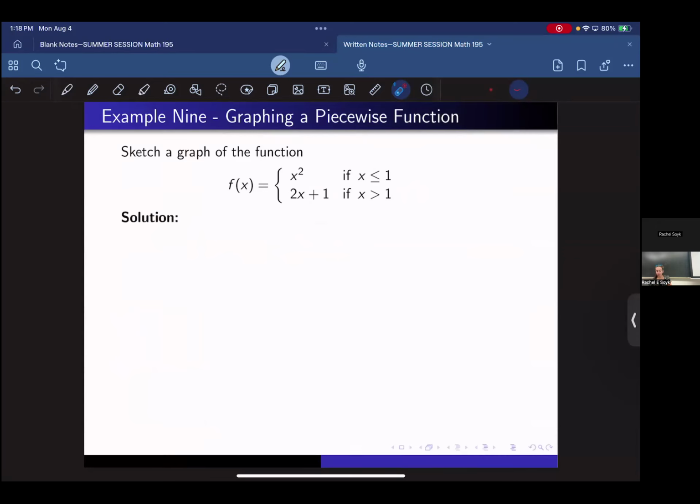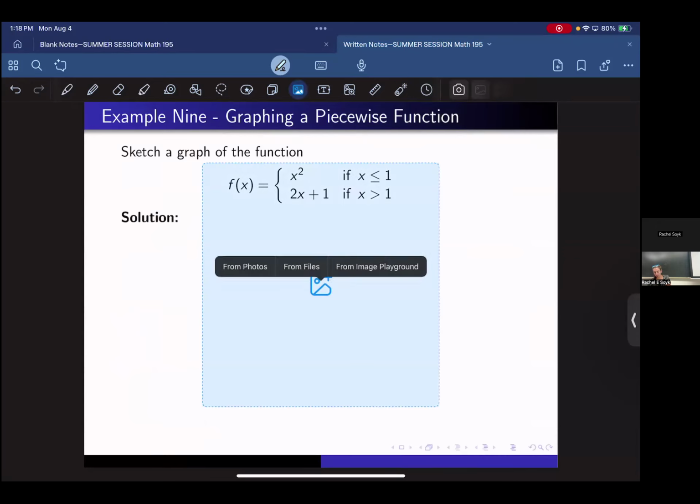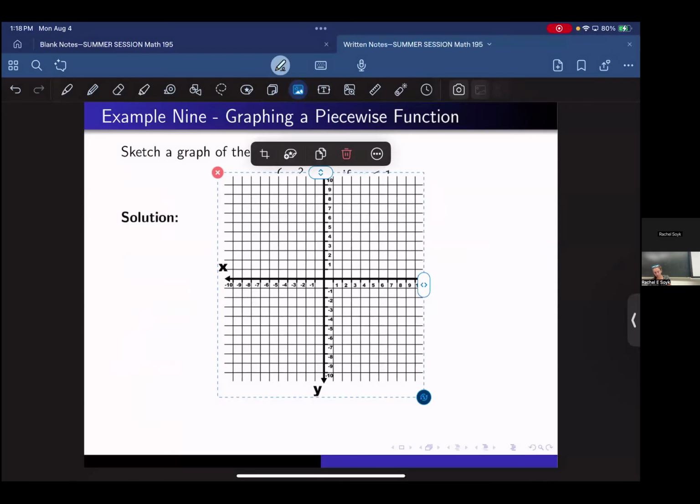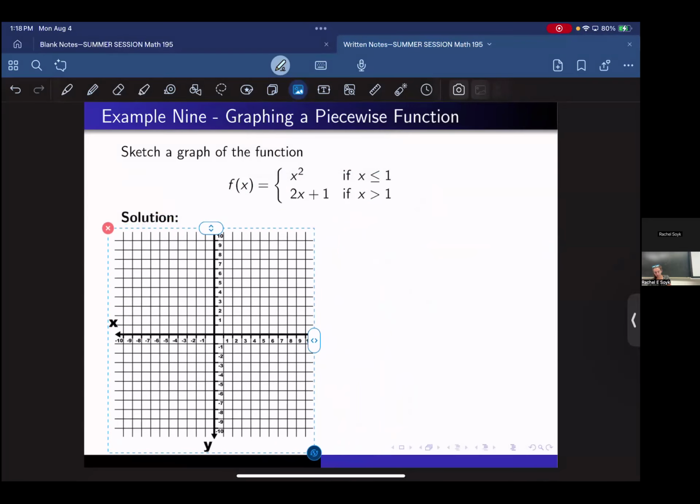Example 9 will be our first one. And I'm actually going to bring in a graph to help us out here. So let's look at it separately. First, we're evaluating when x is less than or equal to 1. So we find 1 on our coordinate plane.